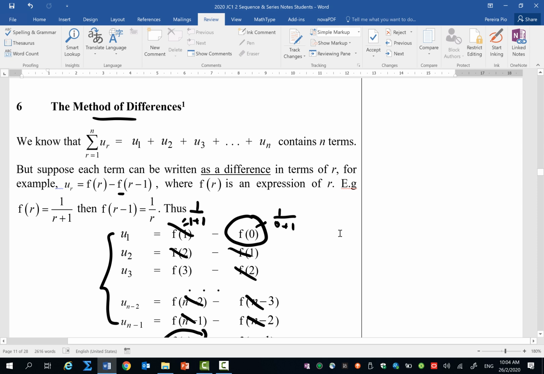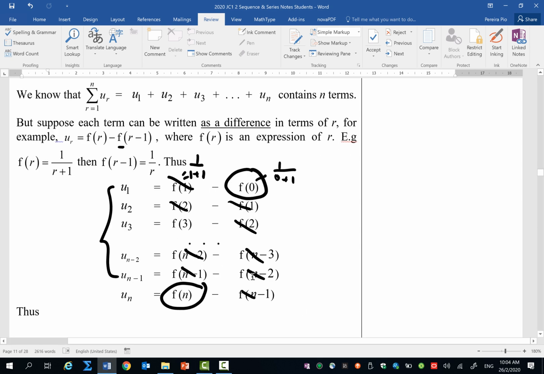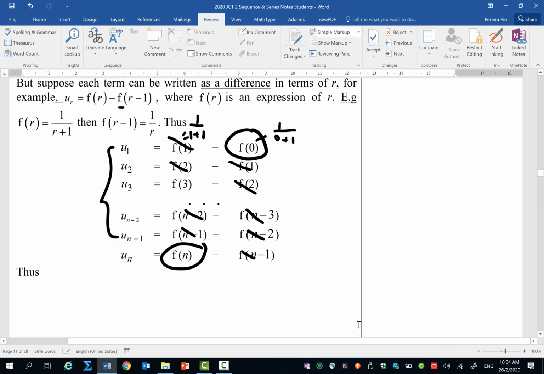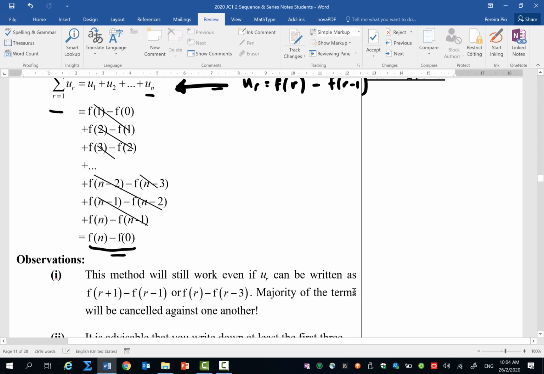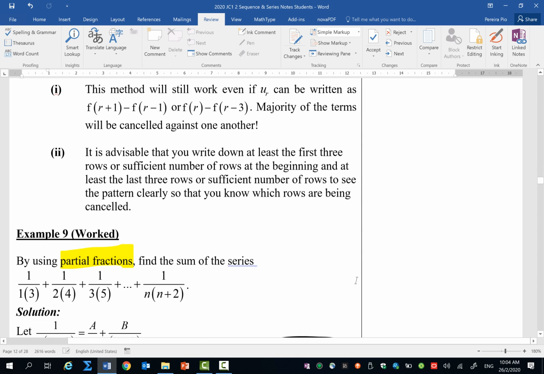Then we can write out the entire sum, see which terms cancel, and finally evaluate the sum. That was what we were talking about for method of differences.